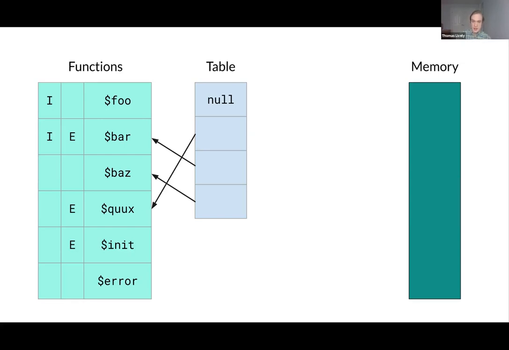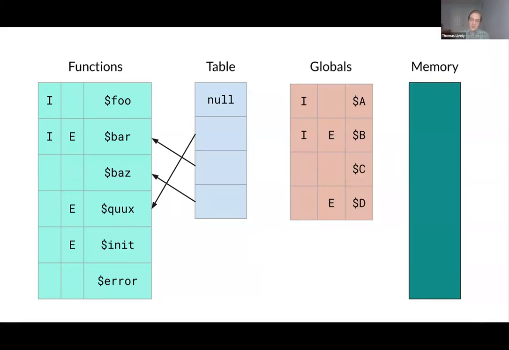And finally here we have globals. WebAssembly globals are kind of like registers that persist between function calls. So they're not used for C globals, for example, which need to be in memory. We actually only use a few globals at the moment. Mostly, the most important one is the stack pointer. We have a stack in linear memory in addition to the WebAssembly stack machine stack.